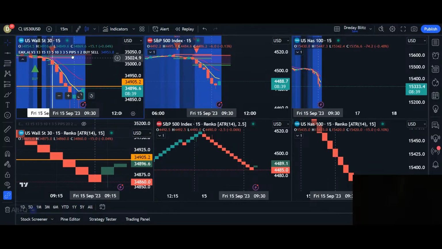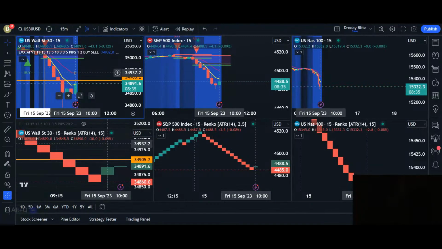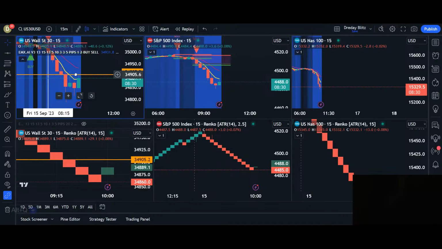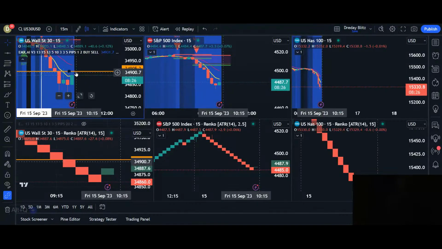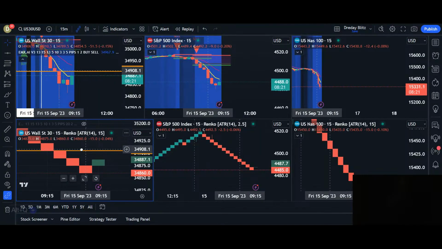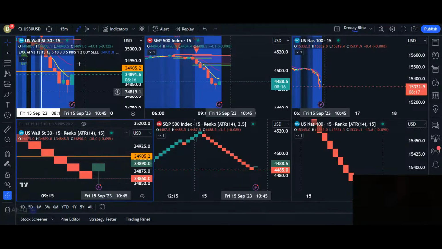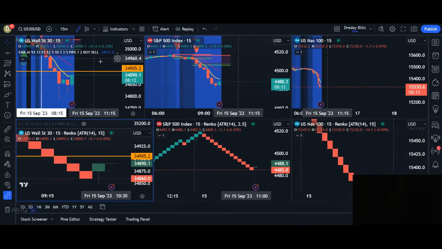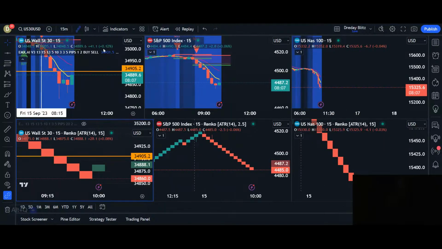Okay, so that means that the trade is currently here, and you would have been in really good profit. And if the price reverses and touches your trailing stop, you're out of the trade and you're in profit overall.